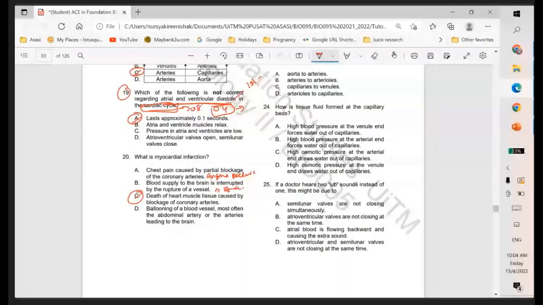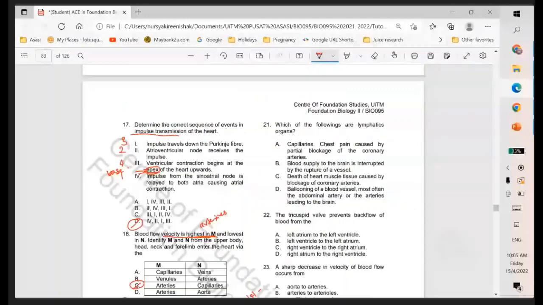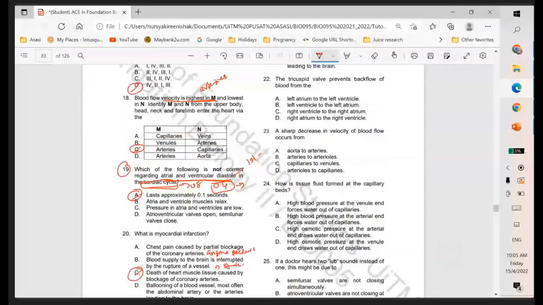Madam, I'm not sure about this question 21 because the option is to question 20. Oh, 21 sama ya. Tapi question dia lain, madam. Dia tanya pasal lymphatic system. Which of the following are lymphatic organs?